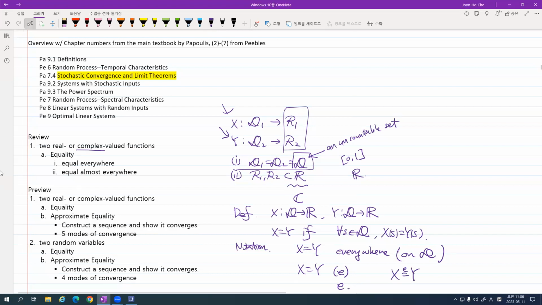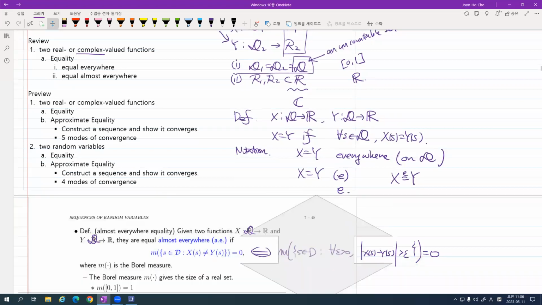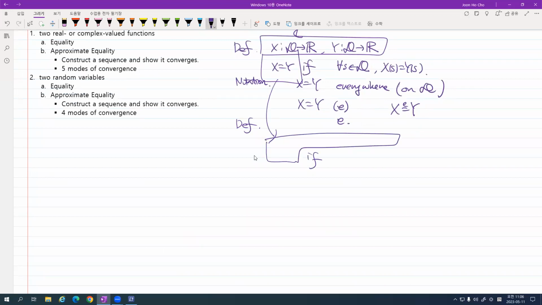There are many notations. This definition can be modified, even though it's not popular, in many different ways. So equivalent definitions. This part goes the same. Now we are going to replace the uncountably infinite equalities with a set equality.